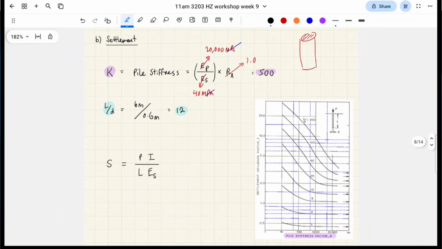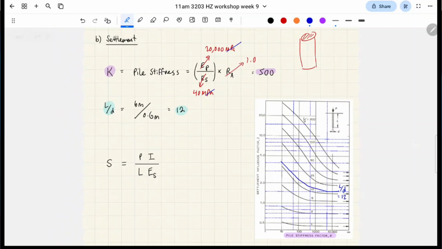If we look on this graph, we see these L on D slenderness ratios of 200, 100, 50, 25, and 10. We don't see the one for 12, so we literally have to draw it. That blue line, sorry, it's a bit hard to see, is the L on D ratio of 12, okay?